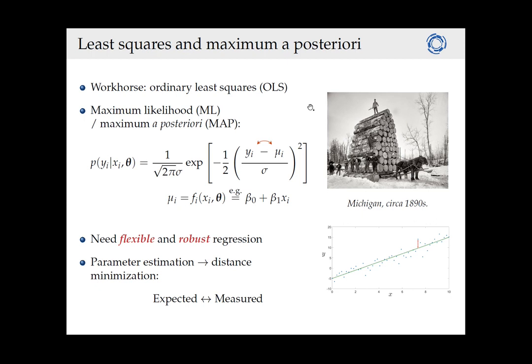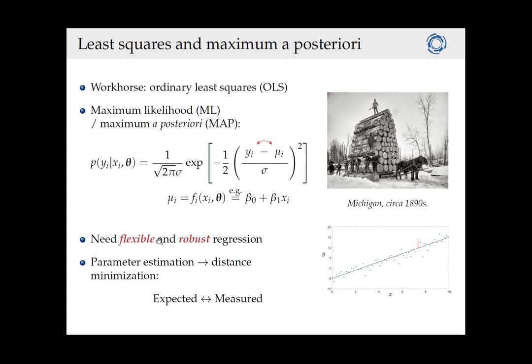And of course, there exist in statistics and machine learning many methods that are much more advanced than these, but especially in those disciplines where data analysis is not very advanced, people are a bit cautious to use more advanced methods, and there is definitely a need for a flexible and robust regression method that is also very simple in its application. And this is what geodesic least squares is about.